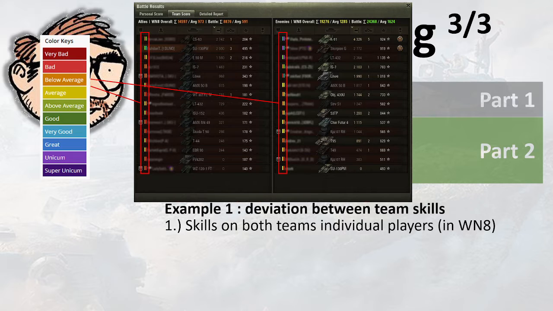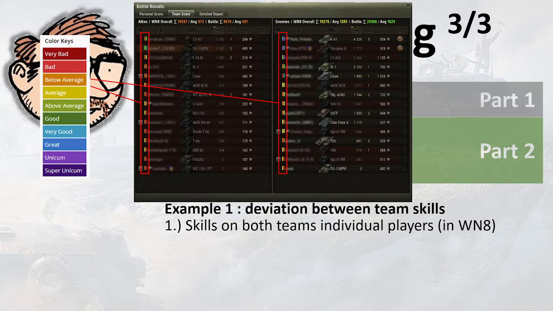And there's that same old chart, the color keys, and we can see right away when comparing those colors to the bars before the players' nicknames what the skill level of those players is.